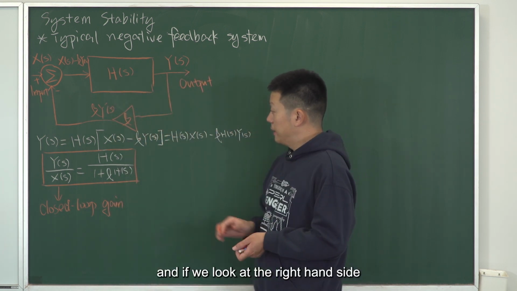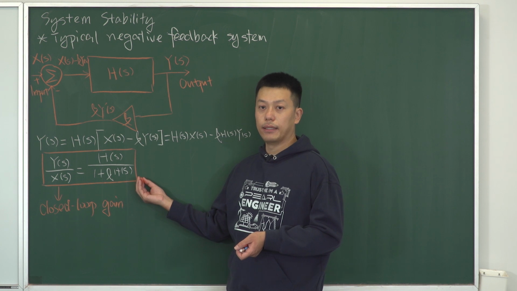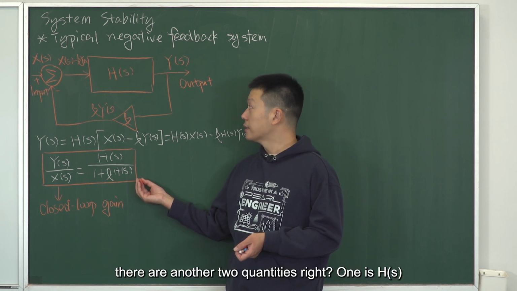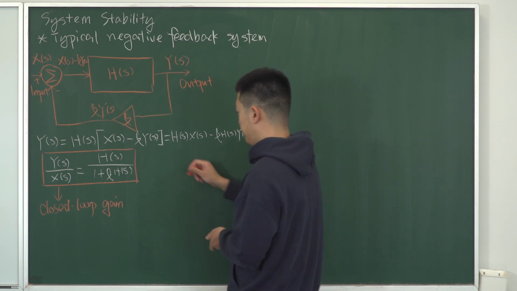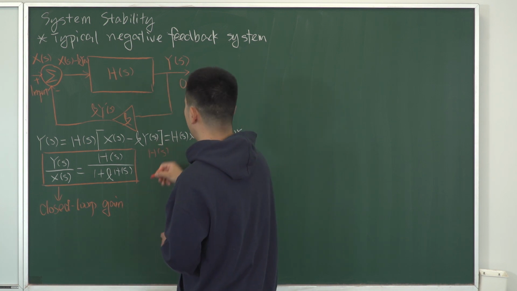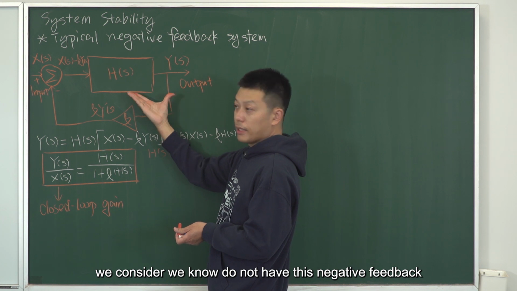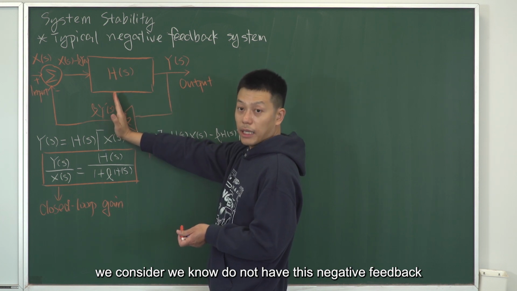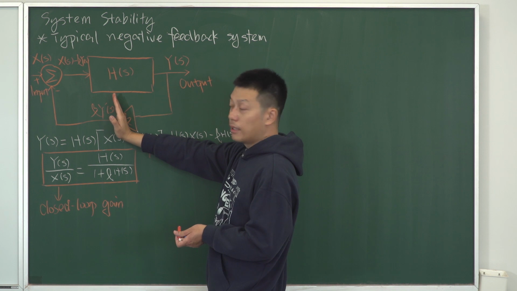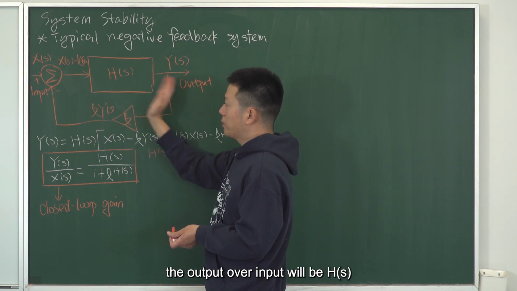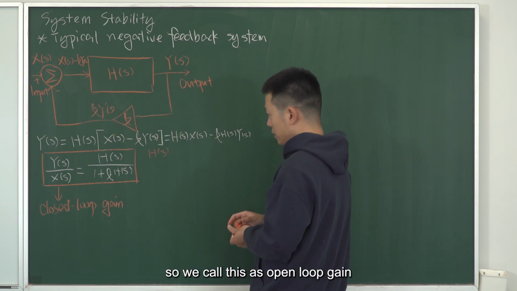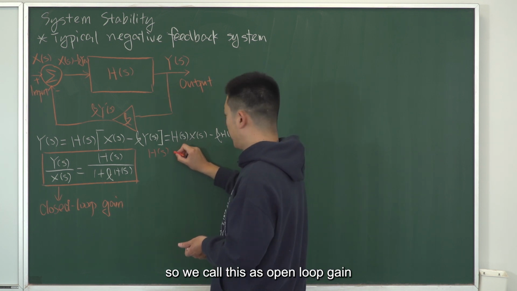On the right-hand side, there are two other quantities. One is H(s). If we consider that we do not have this negative feedback, the output over input will be H(s). So we call this the open loop gain.